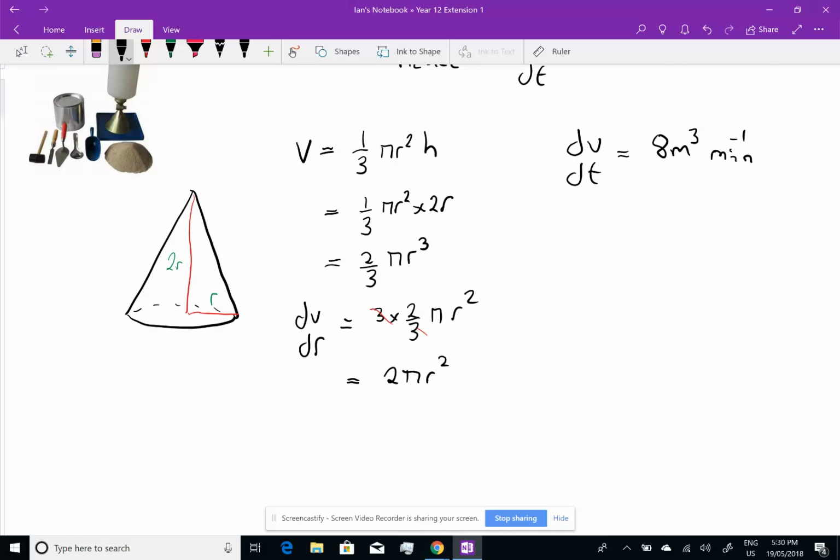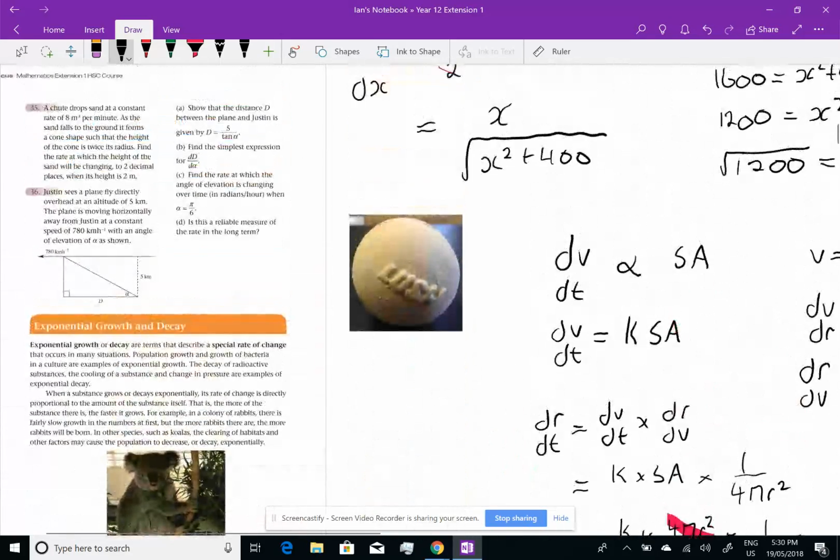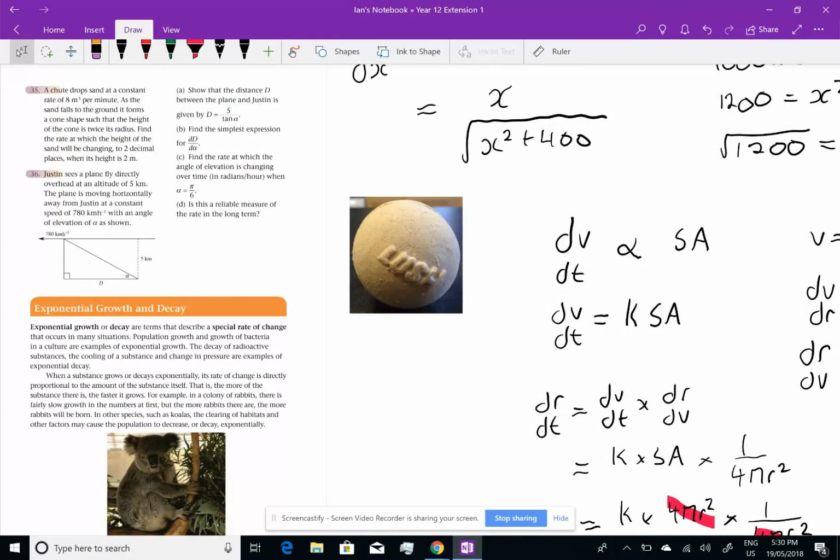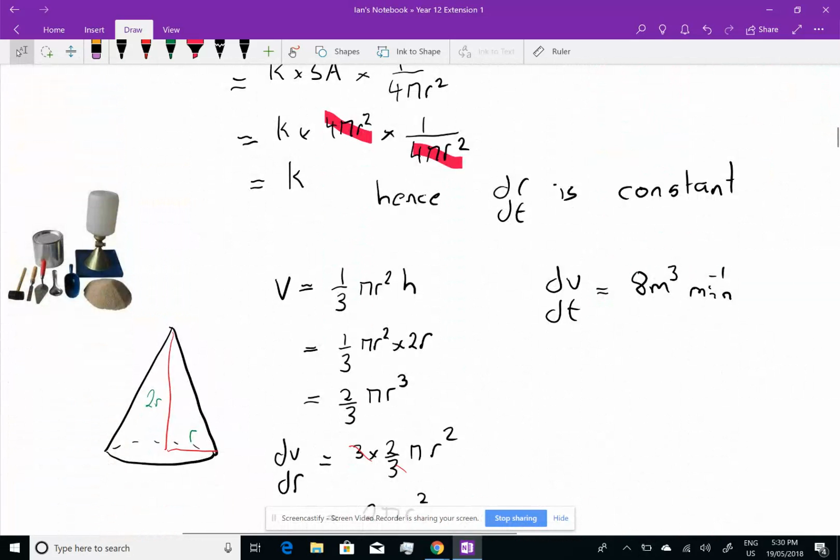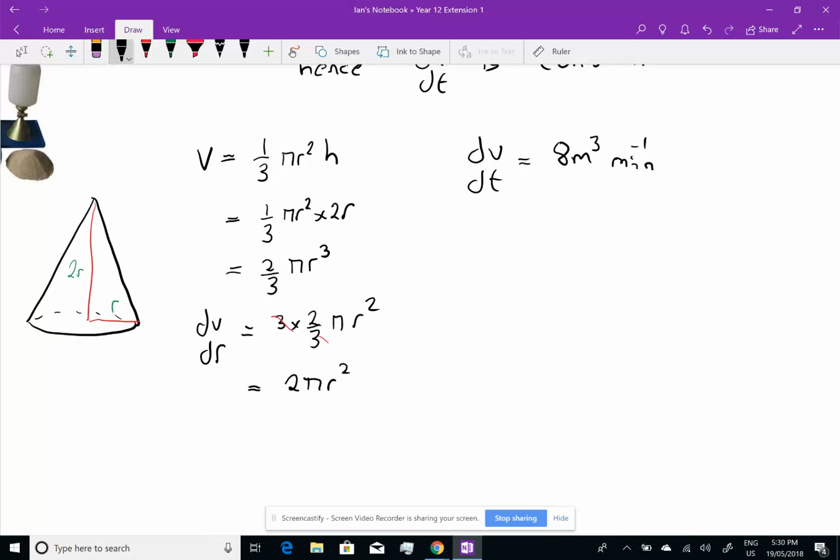What do we need? Let's go back to the question and see, what did they ask? Find the rate at which the height of sand will be changing to 2 decimal places when its height is 2 meters. I'm going to find dV/dt equals dV/dr times dr/dt.